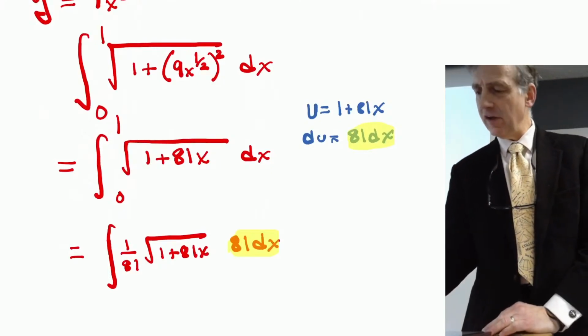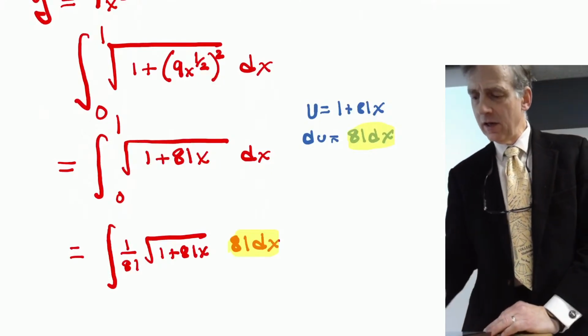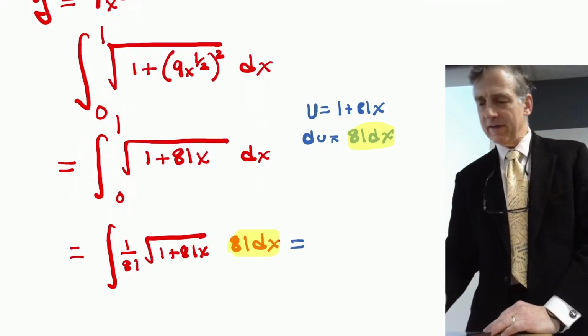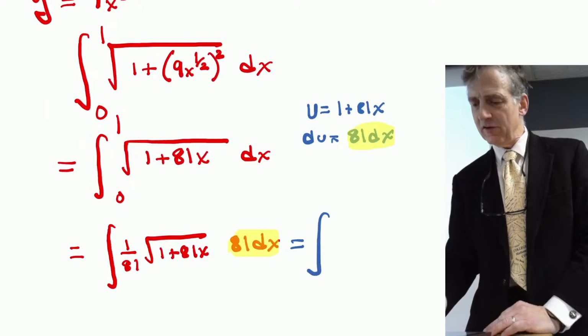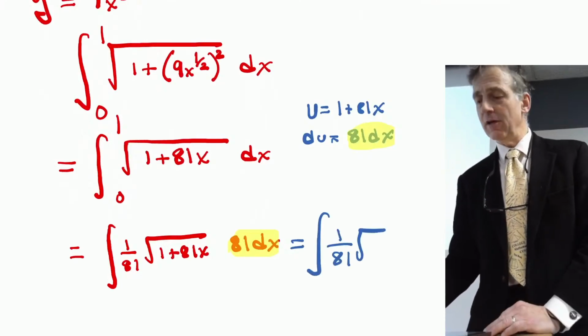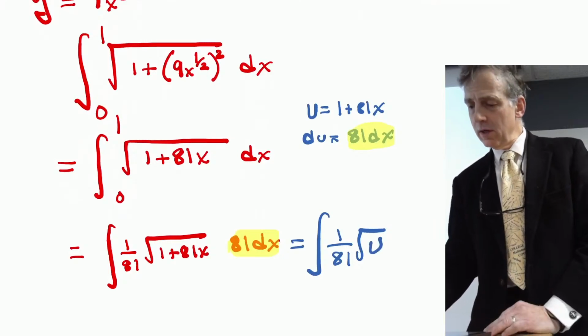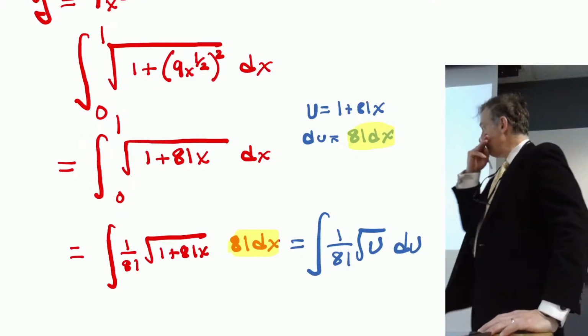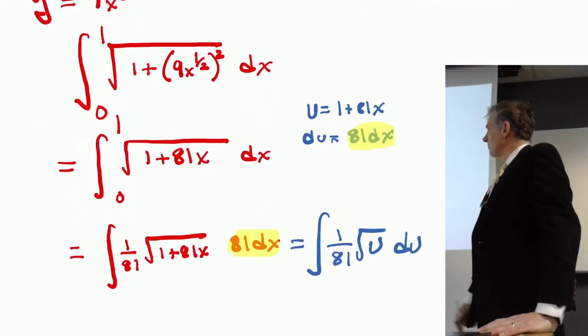Some of you are still struggling with substitution. I've left off the limits because I don't like to keep my limits around when I'm doing substitution. I'm happy to put them in, but I'd have to change them to values of u, and that usually causes issues with students. Okay, very nice. So this is perfect.